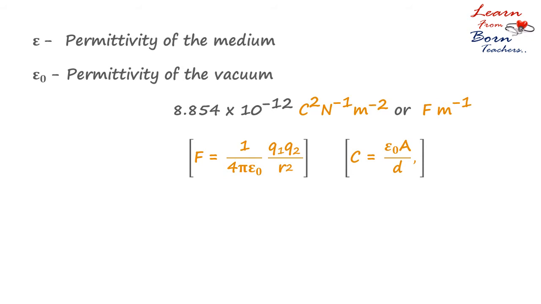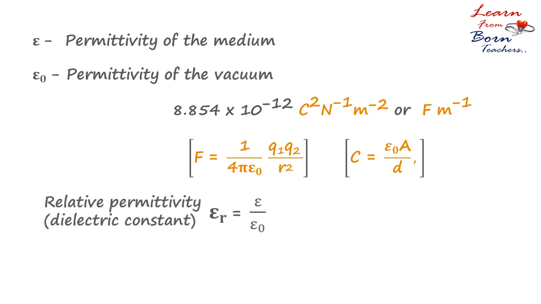The ratio of the permittivity of a medium to the permittivity of vacuum is called relative permittivity or dielectric constant, denoted by epsilon r. Epsilon r is equal to epsilon by epsilon 0 and epsilon is equal to epsilon 0 into epsilon r. Now we can calculate the value of constant k in the equation of force.